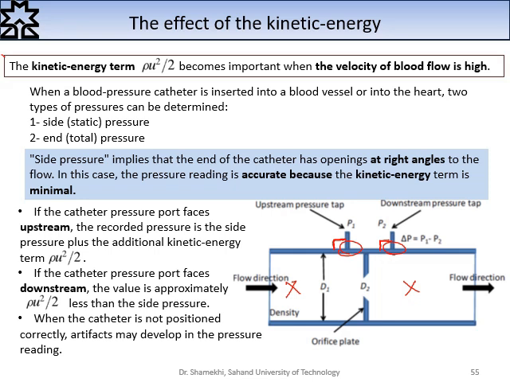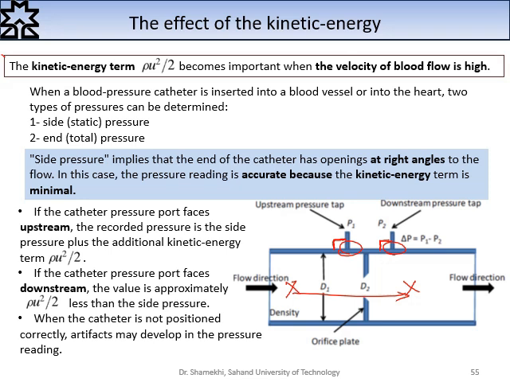Side pressure implies that the end of the catheter has openings at right angles to the flow. We have a flow direction here, and if we record the pressure at right angles, we are recording the side or static pressure. In this case, the pressure reading is accurate because the kinetic energy term is minimal.